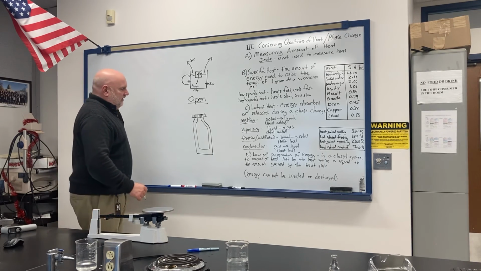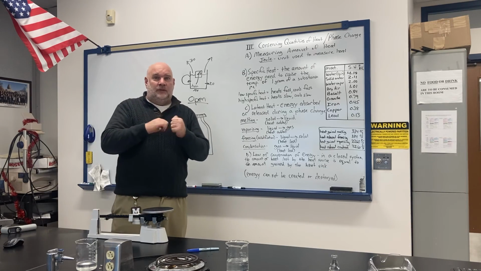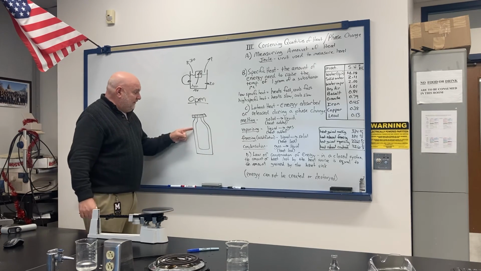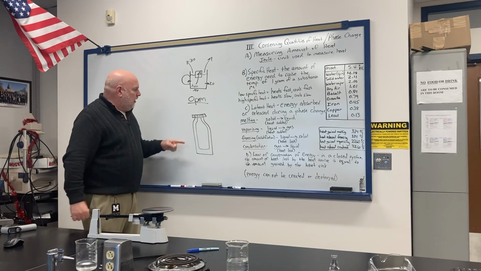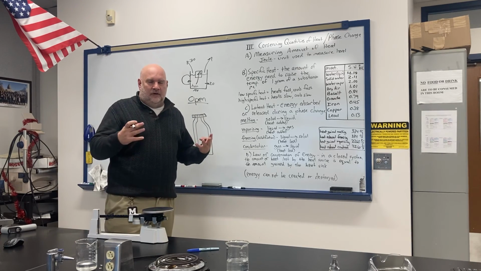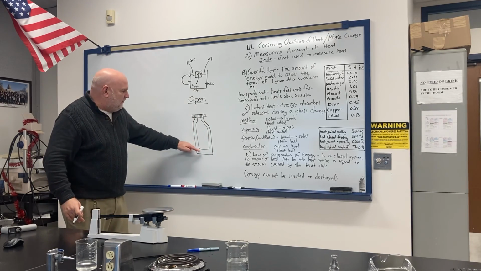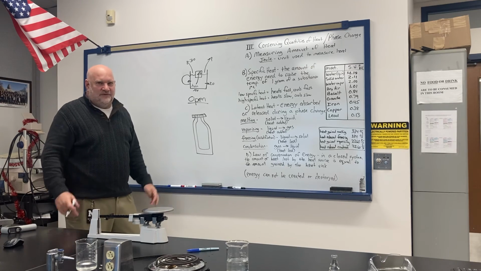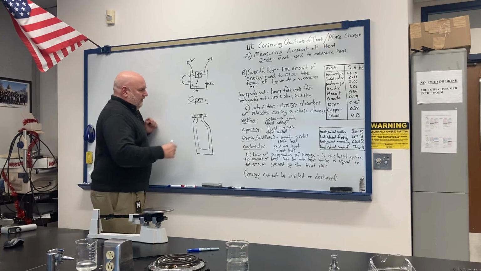And the reason is, conduction takes place when molecules bang into each other, and if there's no air in there, there's no molecules in there, so you can't get any conduction. Convection takes place when air or a liquid becomes warmer and less dense and rises. Well, again, there's nothing in there. It's a vacuum, so you're not going to get any heat transfer by convection either. So these kind of thermoses are extremely good insulators.